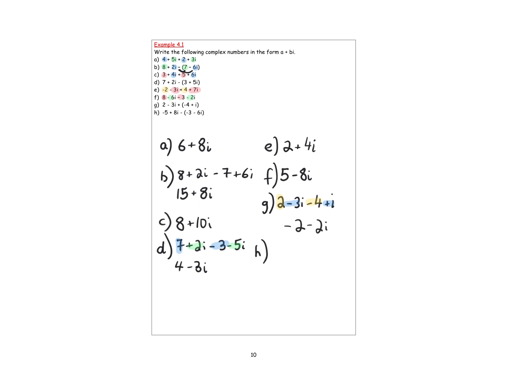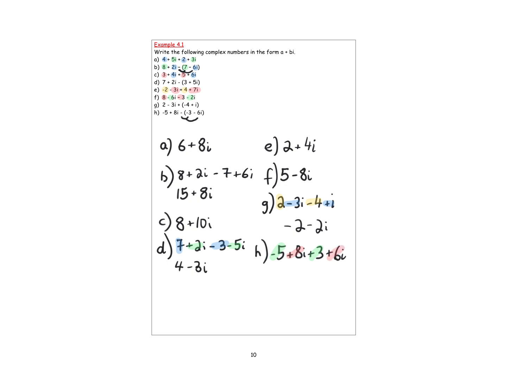H, the last part of this question then, we have a bracket which we'll have to get rid of with the negative, multiplying it in. So we'll have minus 5 plus 8i plus 3 plus 6i. Then looking at the real parts and the imaginary parts, we have minus 5 and plus 3 and plus 8i plus 6i.